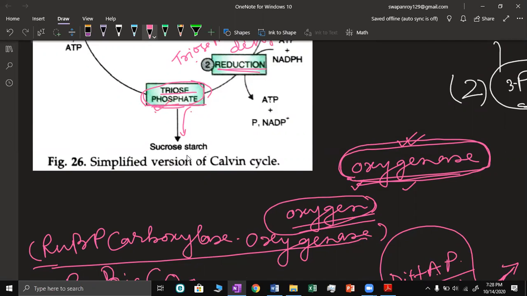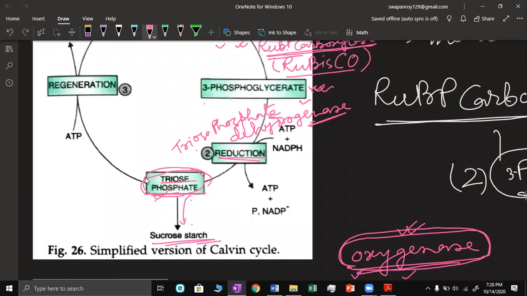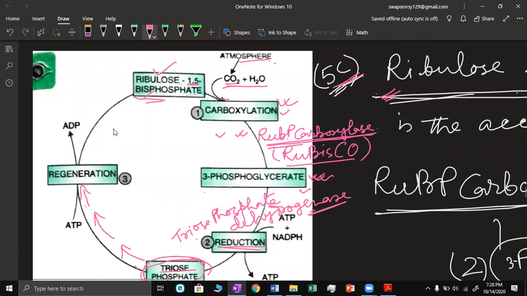From this triose phosphate, sucrose or starch is produced. And some molecules of this triose phosphate, as I told, dihydroxyacetone phosphate and phosphoglyceraldehyde, are utilized for the generation of the RUBP.